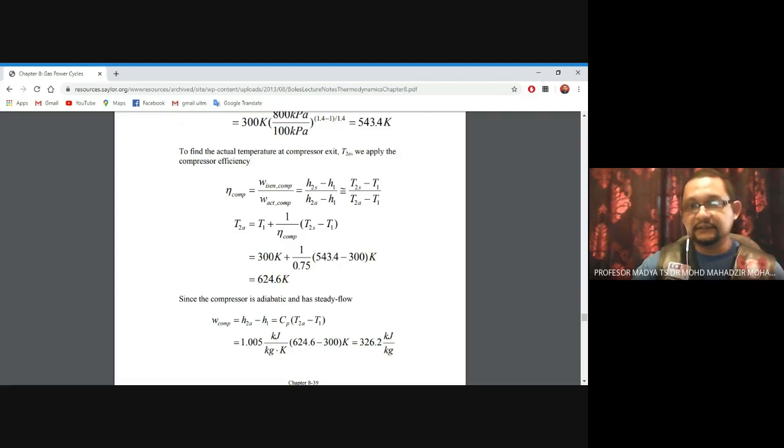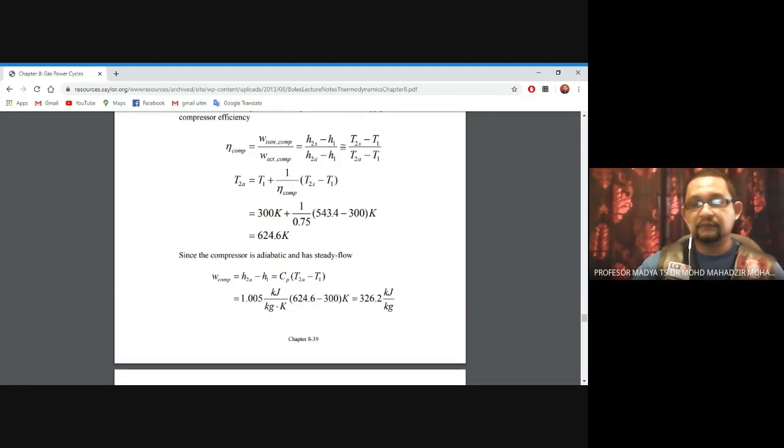So put the equations in the delta temperature, because this is air, so you cannot use properties tables. You just use the formula, so you find temperature here. From this equation, you will get T2A, that's my actual temperature. So after putting all the values in this equation, you will get 624.6 Kelvin. This is the actual temperature for the compressor at state number 2.